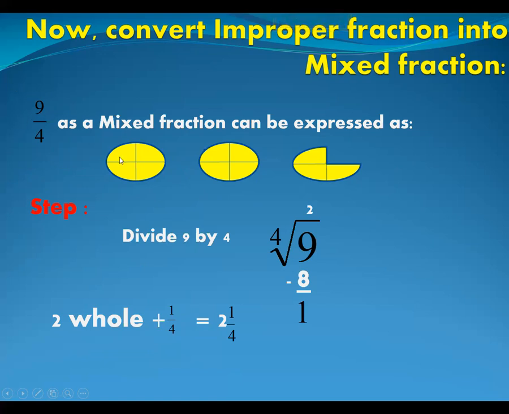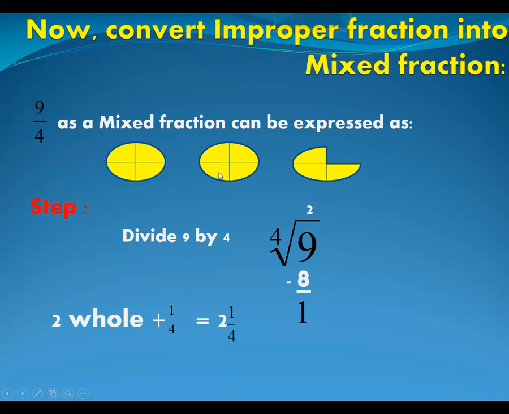So 4 plus 4 will be 8, and then we are going to consider only one part of the third pizza to complete the sum of 9. So 4 plus 4 will be 8, and from the last third one I take one part. It means 8 plus 1, 9. So your improper fraction over here is 9 upon 4.